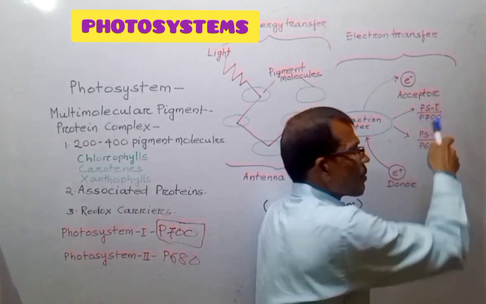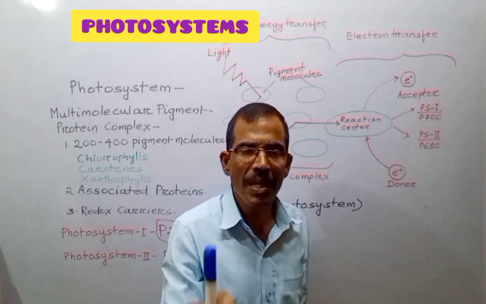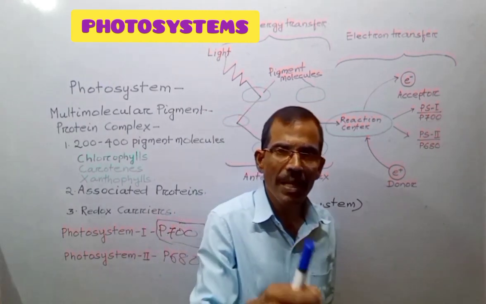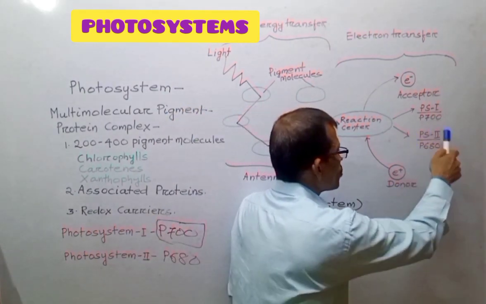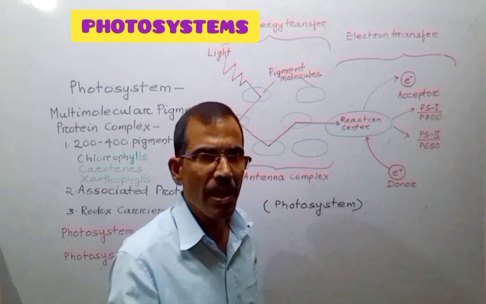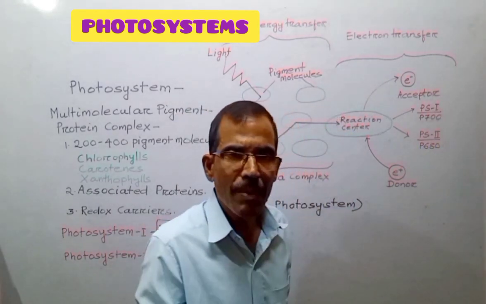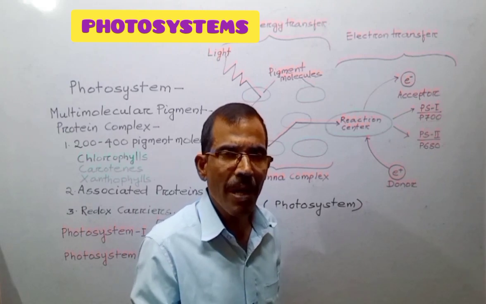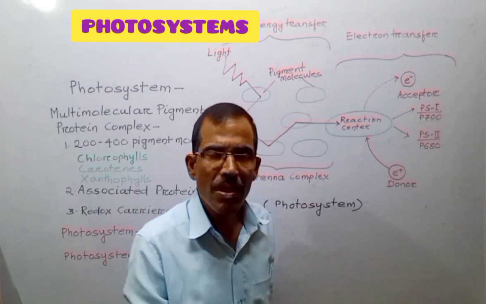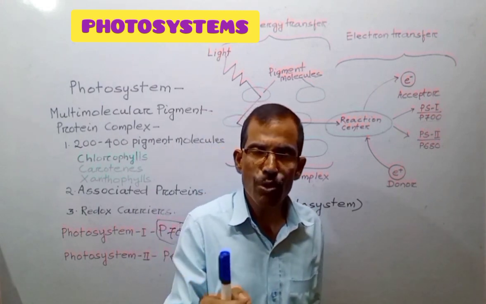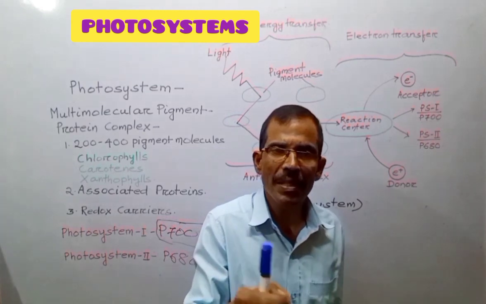Photosystem 1 preferentially absorbs the far red light of wavelength greater than 680 nanometer, whereas in photosystem 2 the reaction center chlorophyll is P680. It absorbs maximum at a wavelength of 680 nanometer. Photosystem 2 preferentially absorbs the red light of wavelength 680 nanometer.